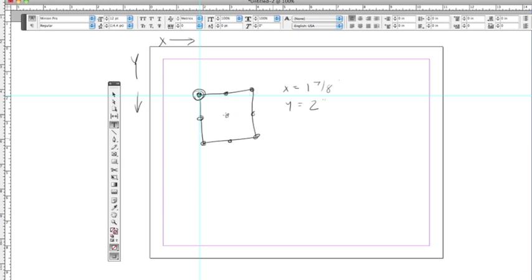Now, if we were to measure it off of this point right here, these reference points would change. And now that box would be, instead of being measured at X 1 7/8, really about X 2 7/8 and Y 2 3/4. And so you can see how that's located. Now, it doesn't matter what the shape is.